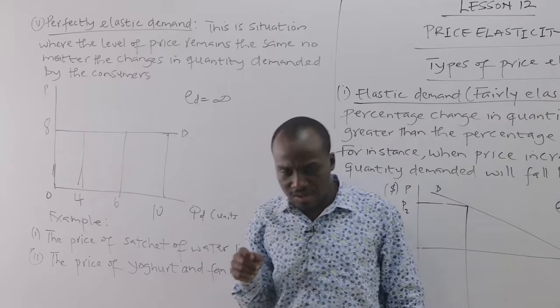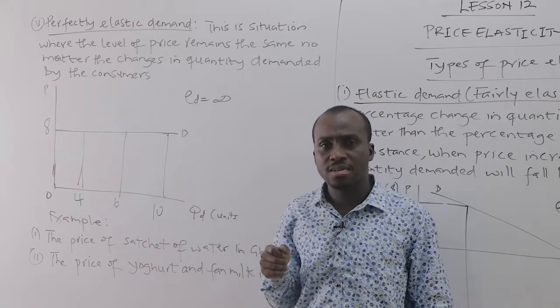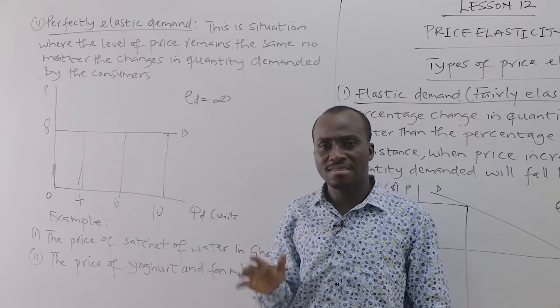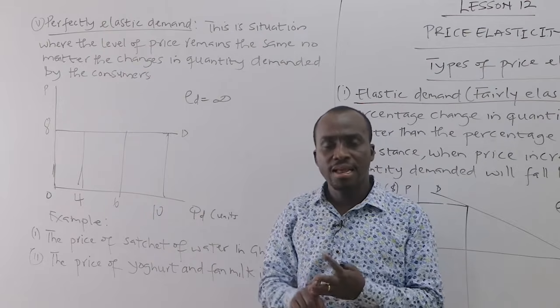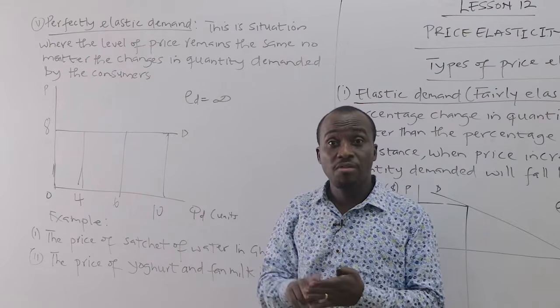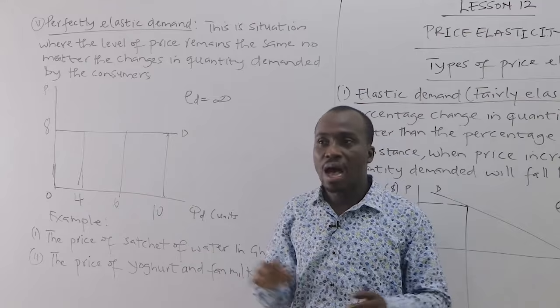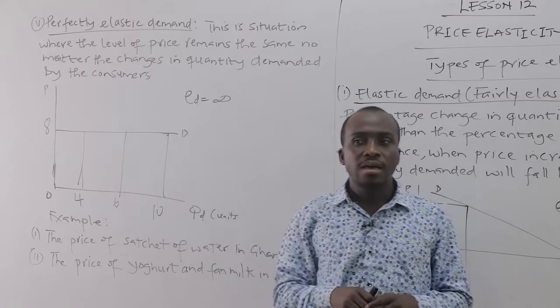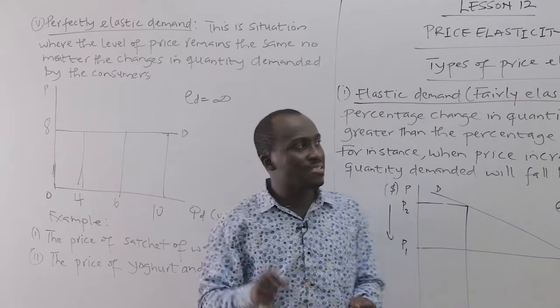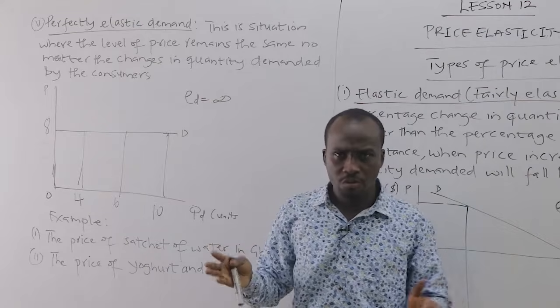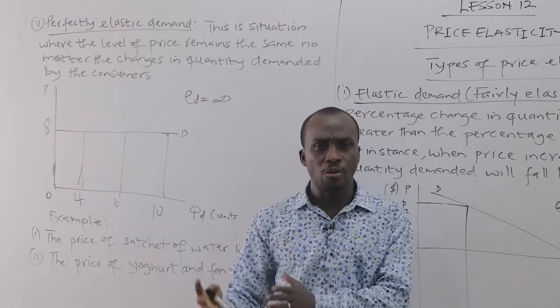Let me reiterate. I told you about 5 types of elasticity: elastic demand, inelastic demand, unity elastic demand, perfectly inelastic demand and perfectly elastic demand. Among all these 5, perfectly elastic, perfectly inelastic and unity elastic are extreme forms. Only few commodities behave that way.